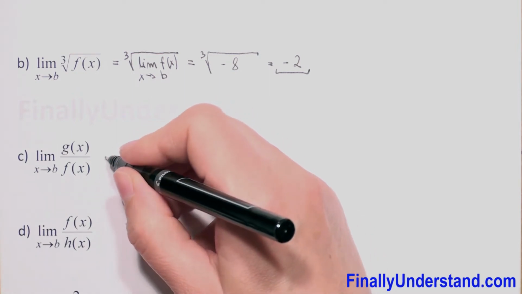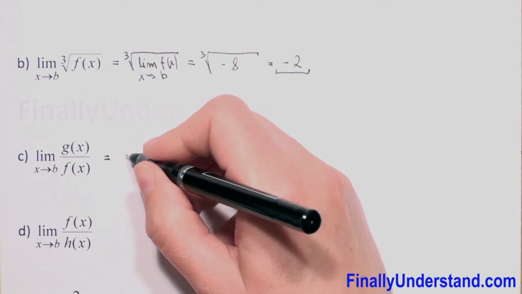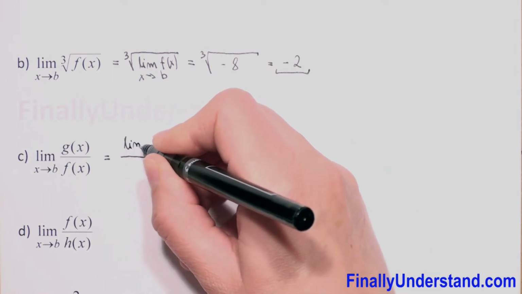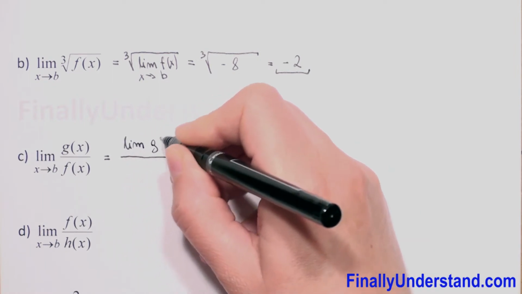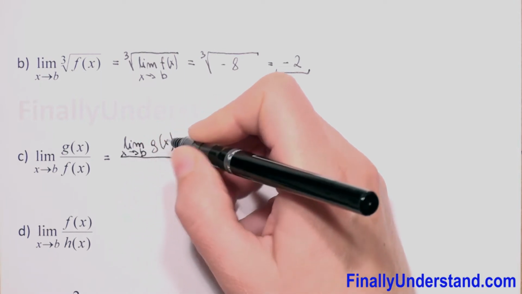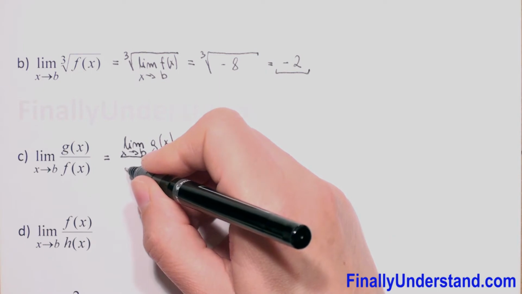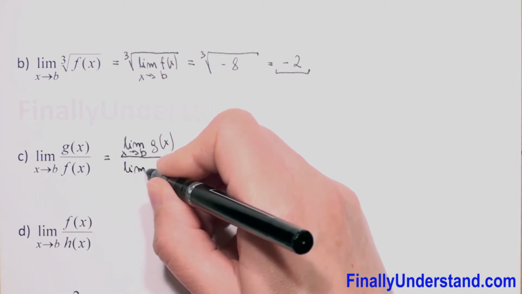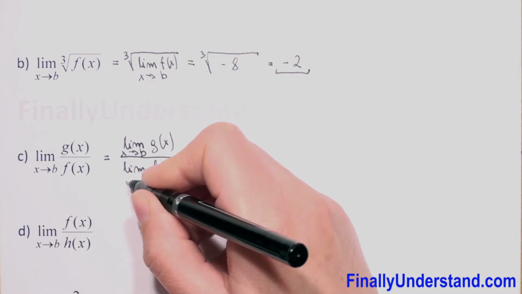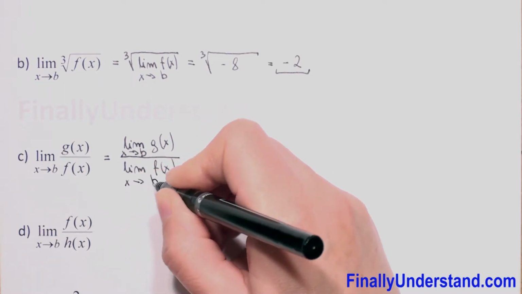From properties of limits, we can rewrite this as, in the numerator, the limit of g of x as x approaches b, and in the denominator we will have the limit of f of x as x approaches b.